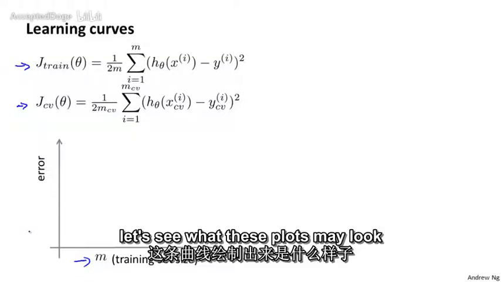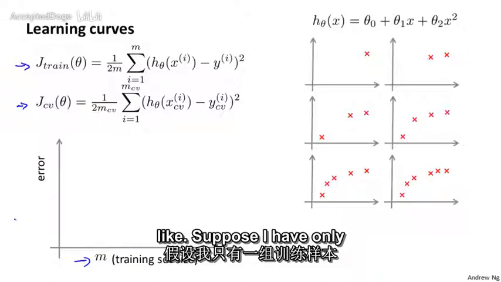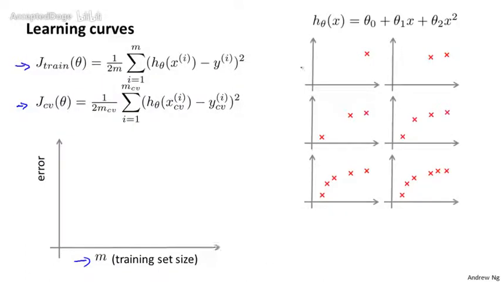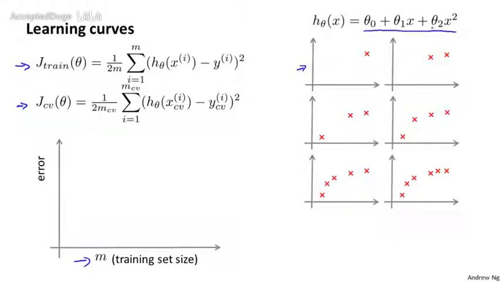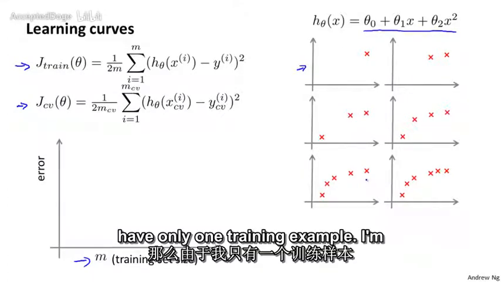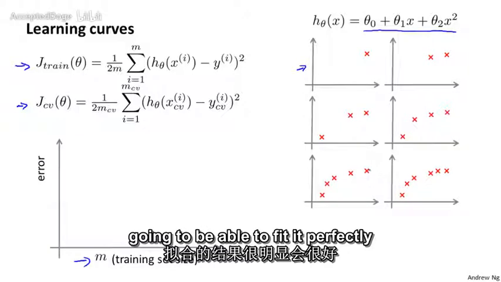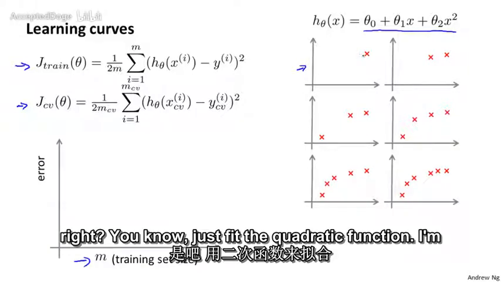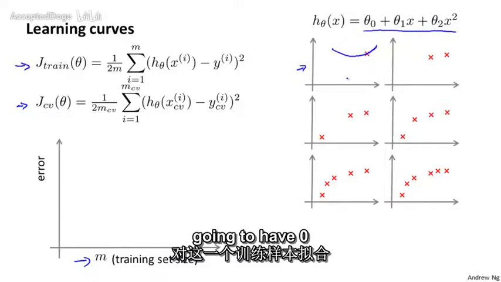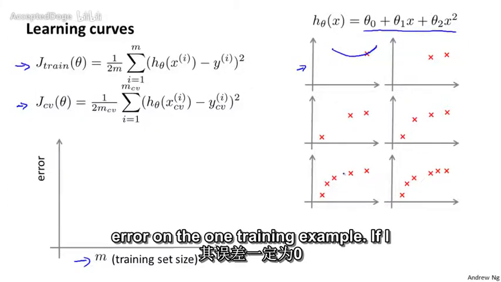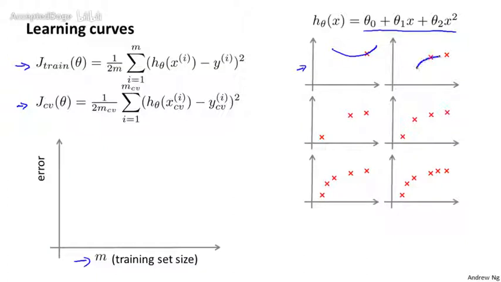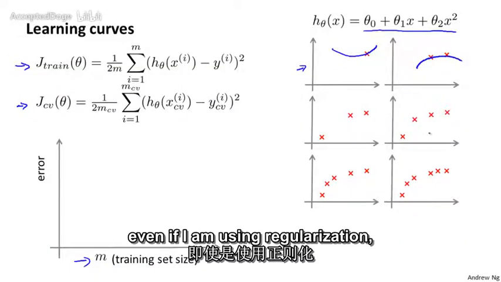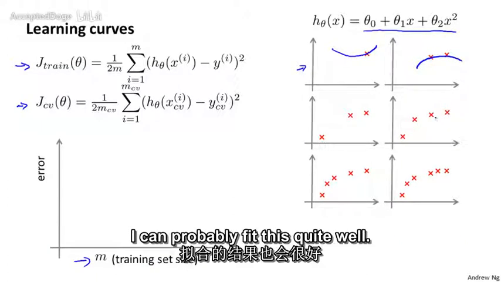So let's see what these plots might look like. Suppose I have only one training example like that shown in this first example here, and let's say I'm fitting a quadratic function. Well, if I have only one training example, I'm going to be able to fit it perfectly, right? If I fit a quadratic function, I'm going to have zero error on my one training example. If I have two training examples, well, with a quadratic function, I can also fit that very well. So even if I'm using regularization, I can probably fit this quite well.